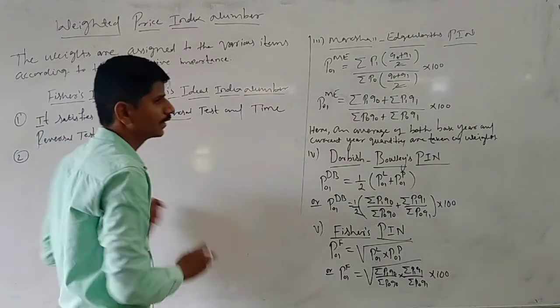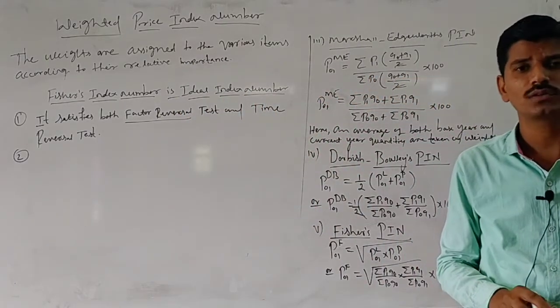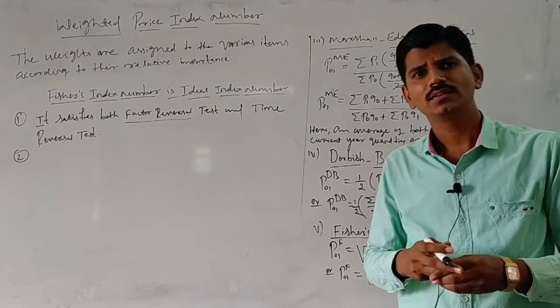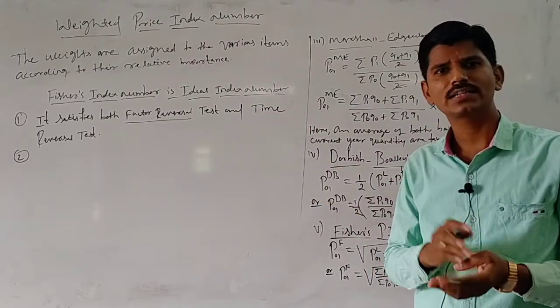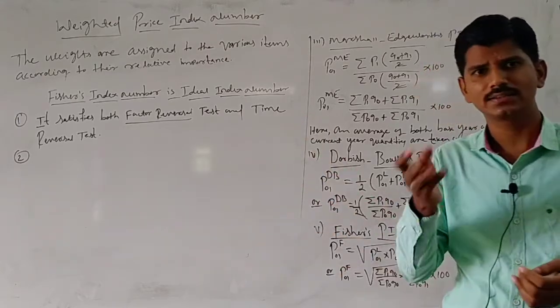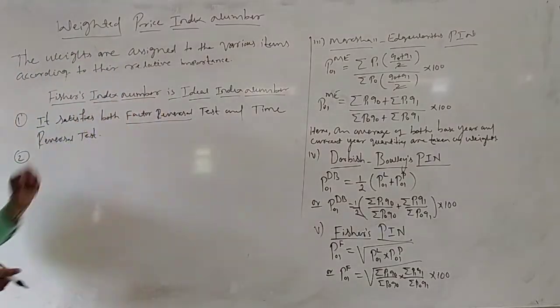Okay, we will discuss in the next classes, that is bias and index numbers, that is tests for index number, that is factor reversal test, unit test, circular test and time reversal test. We will discuss in the next class. Here it satisfies both the factor reversal test and time reversal test.